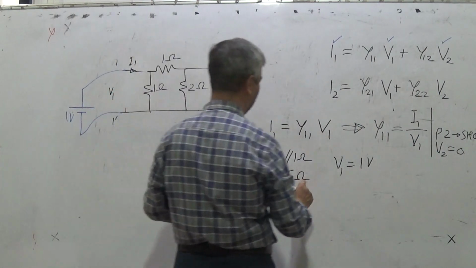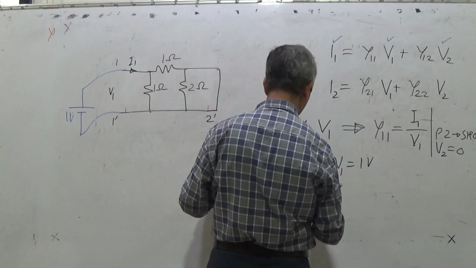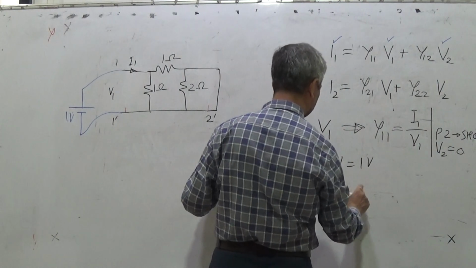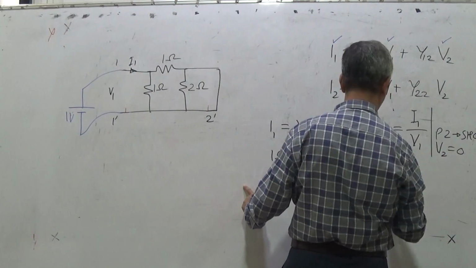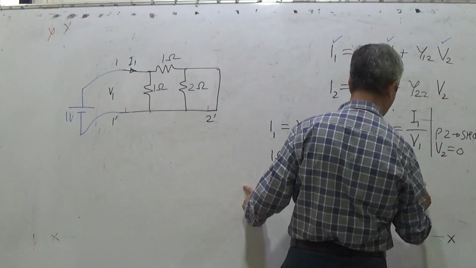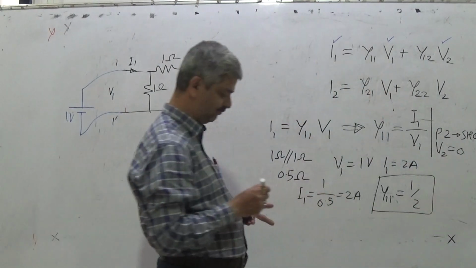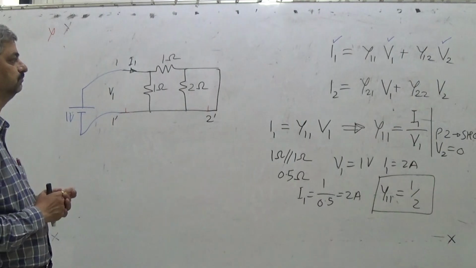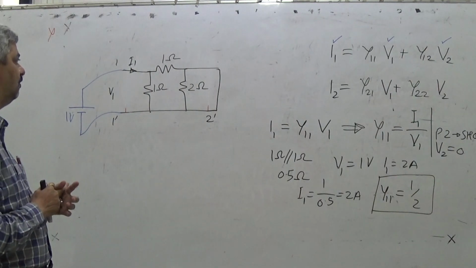So current I1 would be 1 volt upon 0.5, that is 2 amperes. So V1 is 1 volt, I1 is 2 amperes. So Y11 is equal to half, or 0.5.